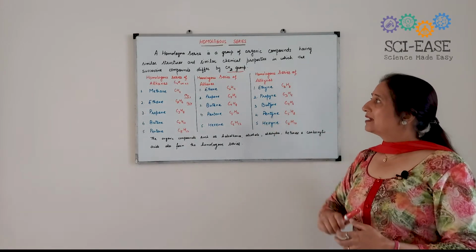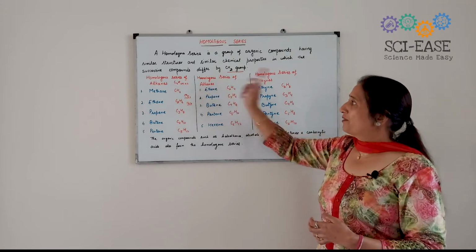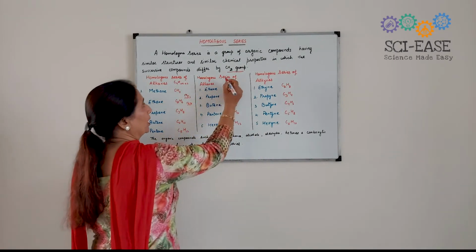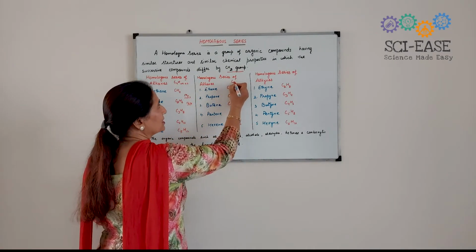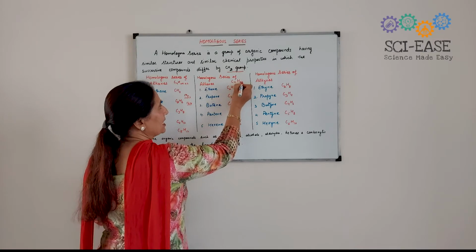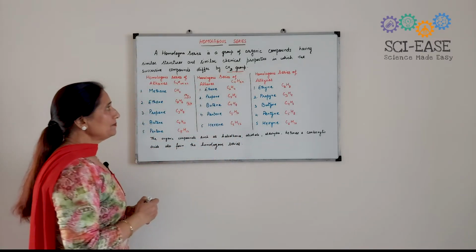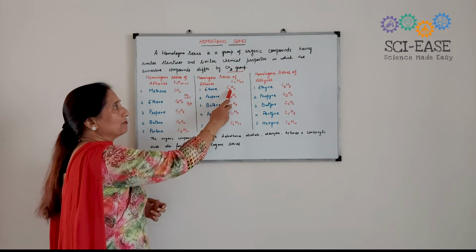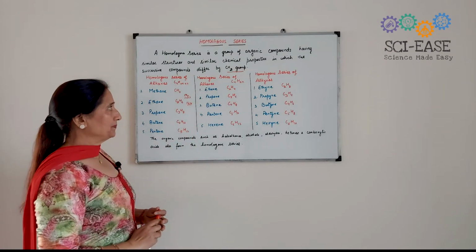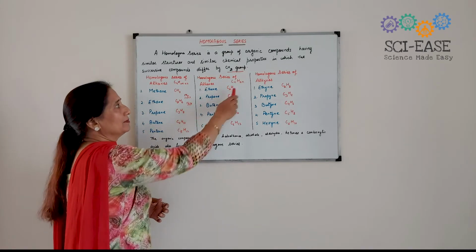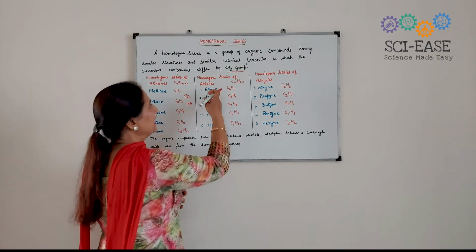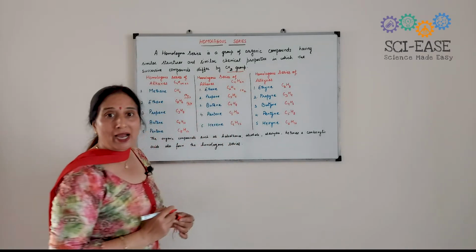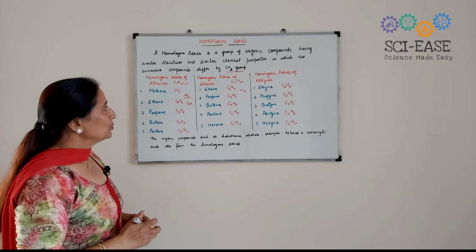Now you can take the case of the homologous series of alkenes. First, you will write the general formula, that is CnH2n, as I have already told you. Now the first member, that is ethene, will have C2H4. Propene, the difference between ethene and propene, again there is a difference of one carbon and two hydrogens, that is CH2.